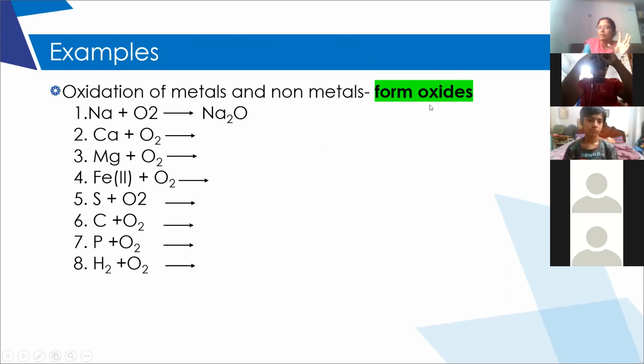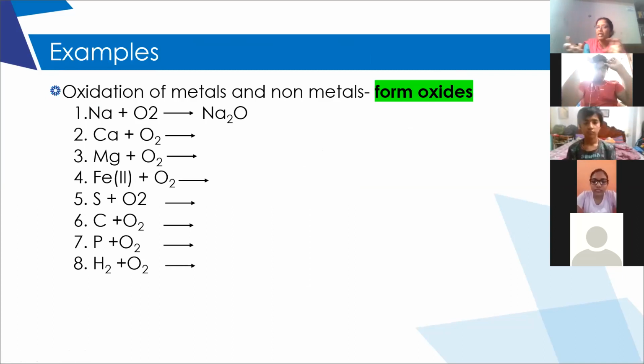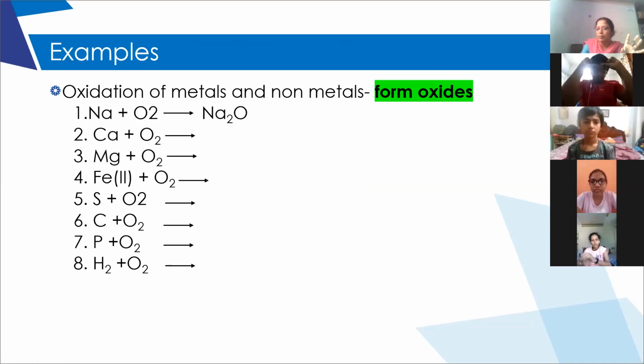So another type of chemical combination reaction is formation of oxides. What are oxides? The binary compounds which are formed by reaction between an element and oxygen are called oxides. I repeat, the binary compounds which contain an element and oxygen are called oxides.